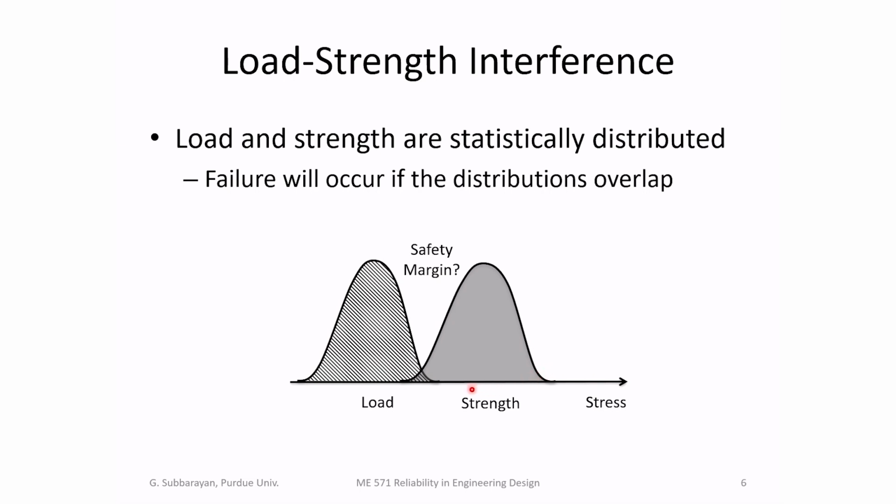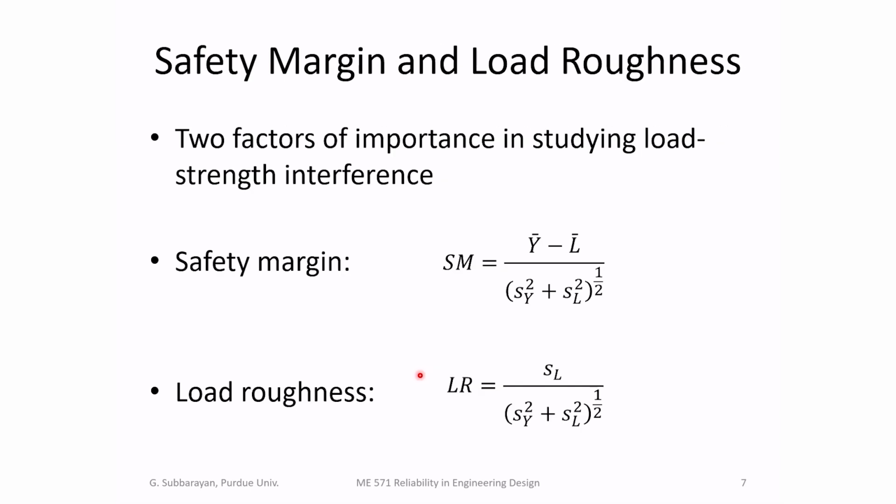Now, in order to carry out the design using this load-strength interference concept, we will define two statistical quantities, two factors, if you will. Those factors are called safety margin and load roughness. Safety margin is defined as follows: y here corresponds to strength, and L here corresponds to the load. Again, these are generic.